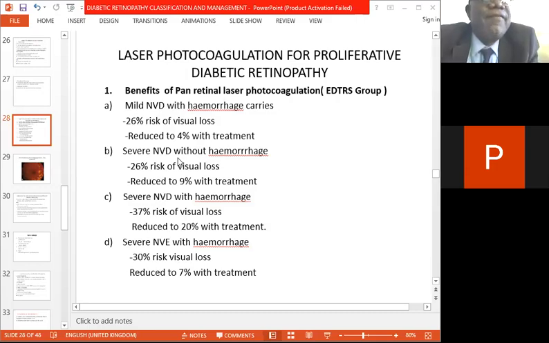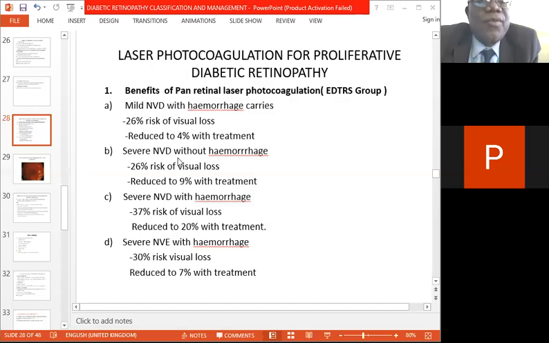Severe NVD. When we say NVD, it's neovascularization at the disc. Severe NVD without hemorrhage, there is a 26% risk of visual loss, reduced to 9% with the treatment once you ablate the new vessels.